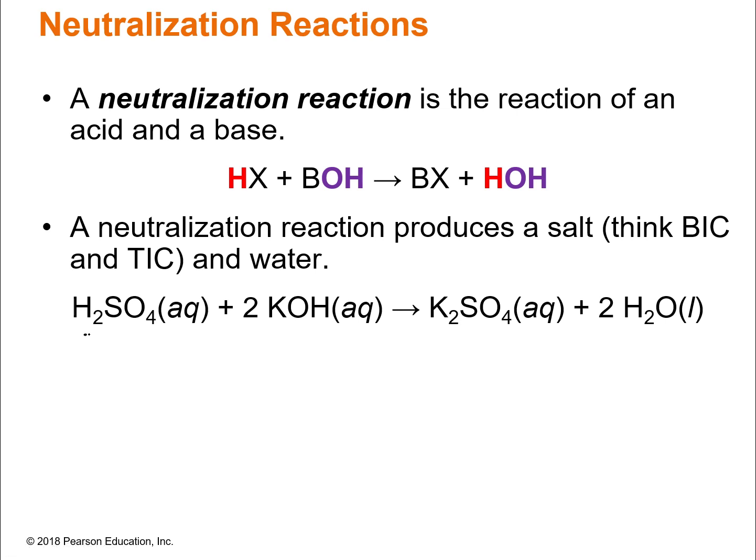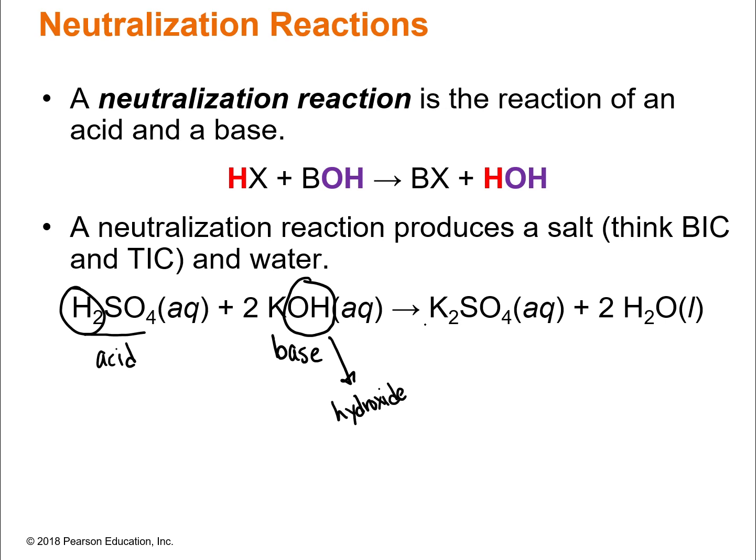We've got sulfuric acid. And remember that an acid is always going to start with hydrogen. We've got a base here as well. Bases have hydroxide. So that's how you can identify an acid and a base.